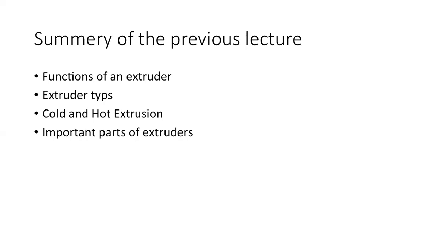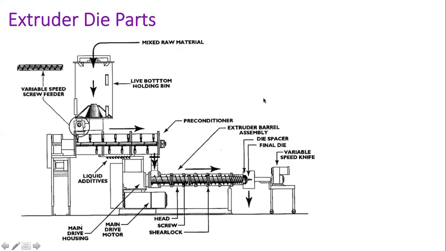We have discussed some technical terms: what is flight height, what is a helix angle, what is the die, and what is the difference between root diameter and barrel diameter. We discussed these things last week, so with this knowledge we can go ahead.